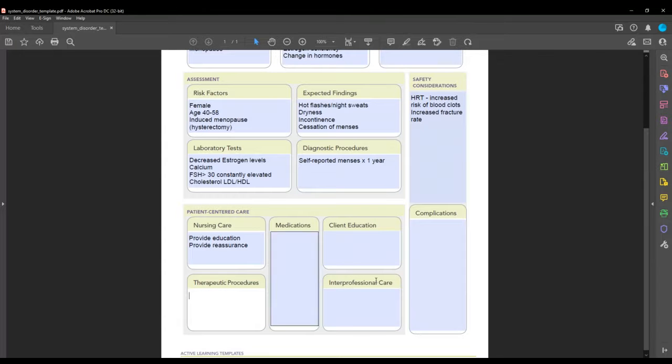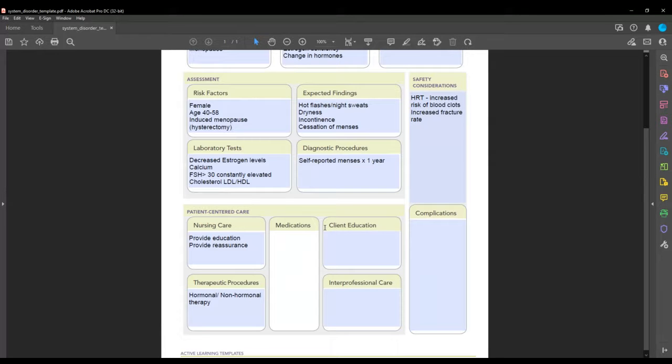Okay, therapeutic procedures. For this, I'll just write what I put. So I put hormonal or non-hormonal therapy. There really isn't any other, there's no surgery, no other kind of procedures that we look at.